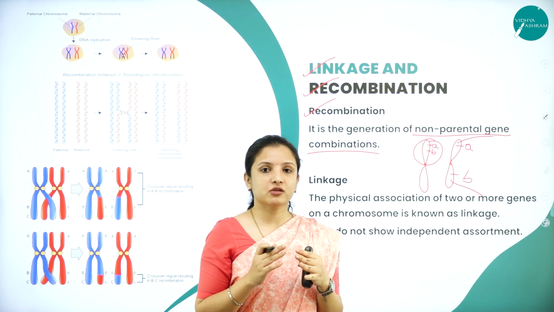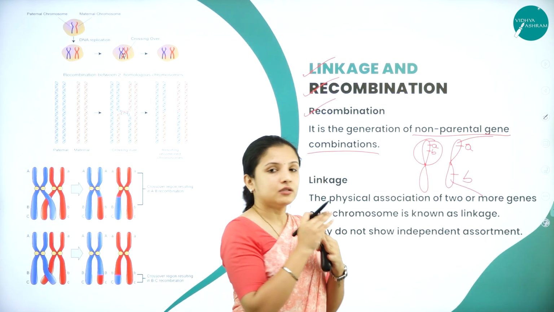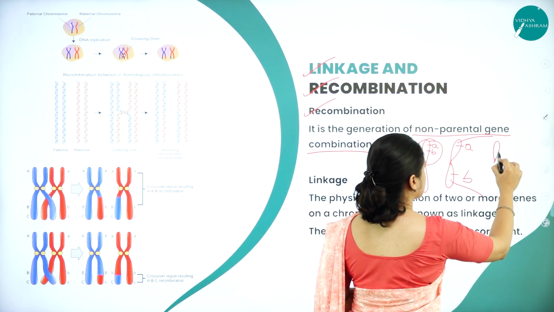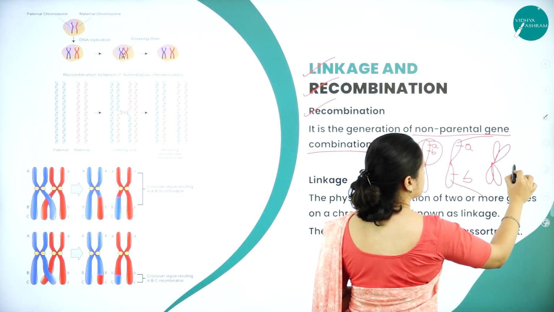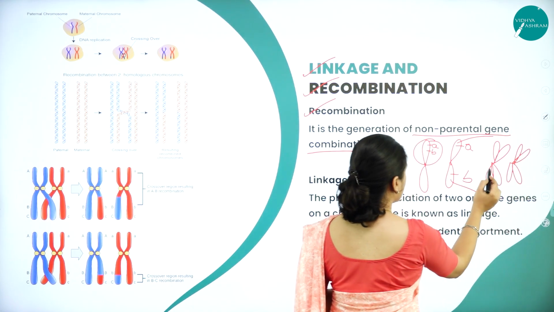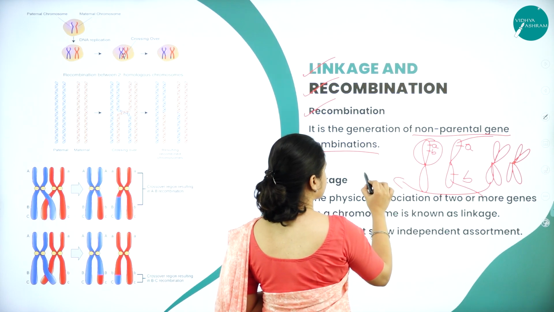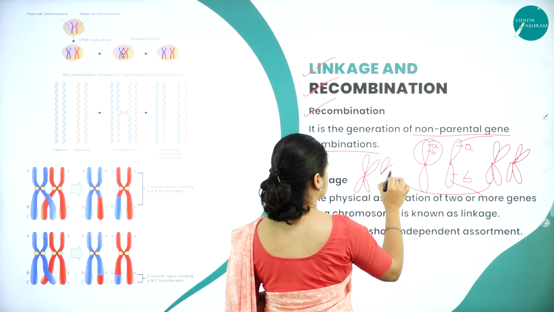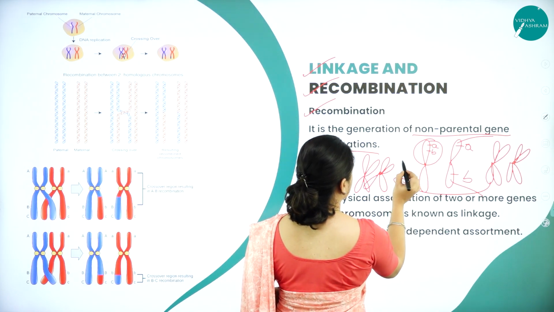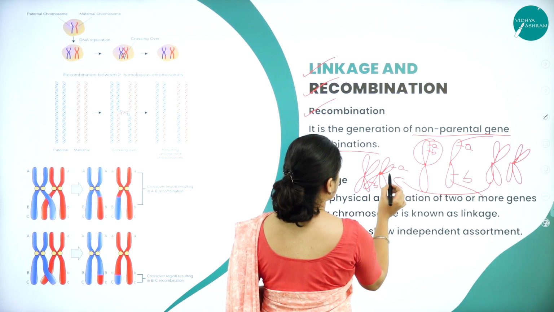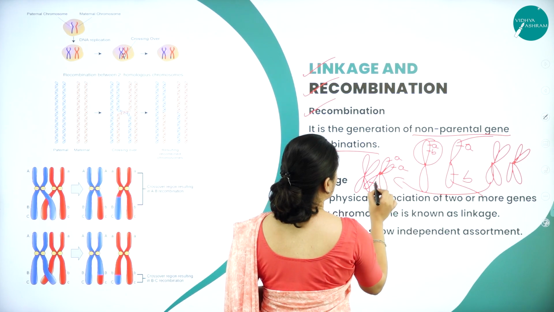recombination. So in recombination, what happens whenever crossing over takes place? For example, if this is the chromosome, there is crossing over taking place. So at that time, as I told you, A is here, B is here, again A here, then what happens?